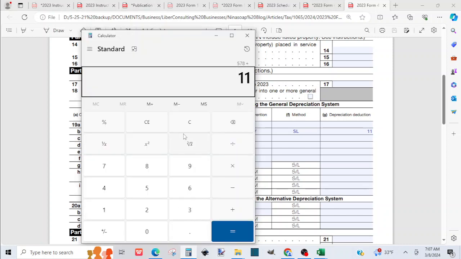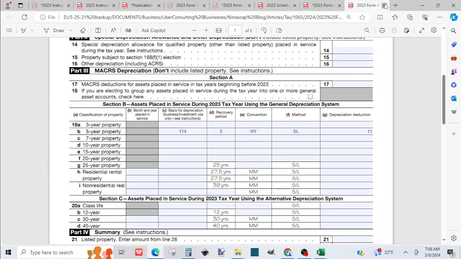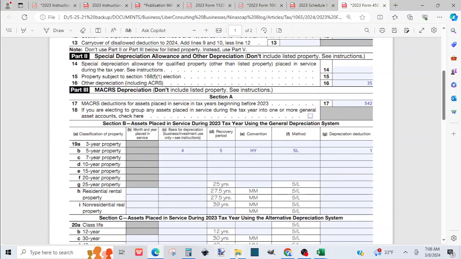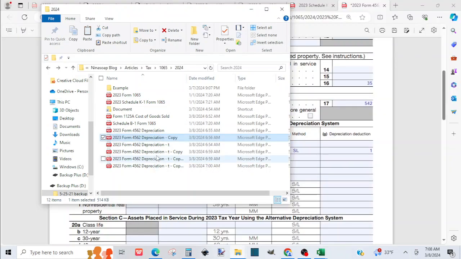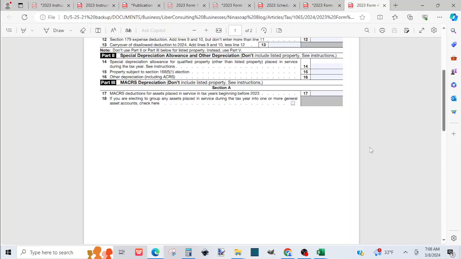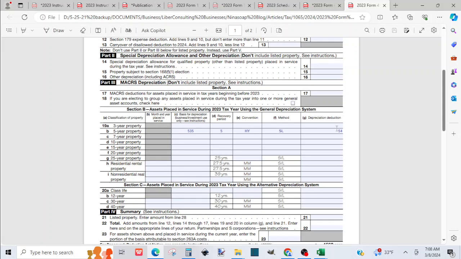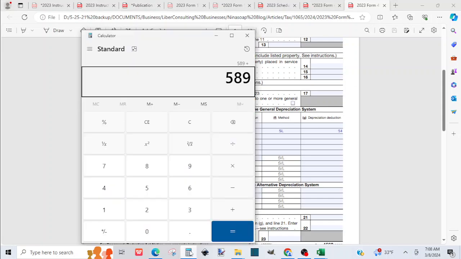Plus 11 plus, and I'm going to close this one so that I can open the second one. $54, and we will close it.